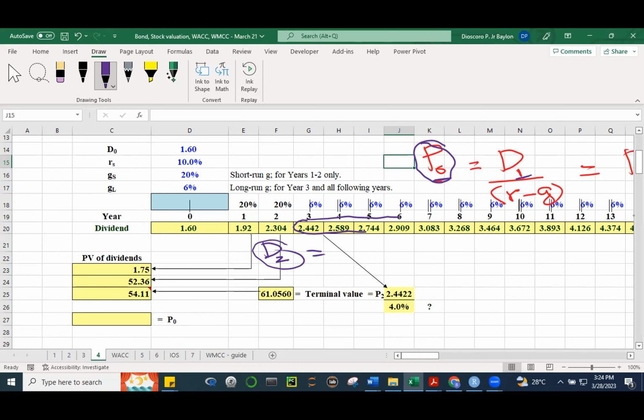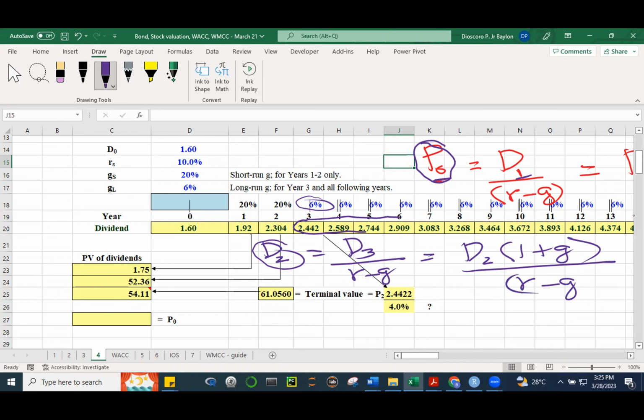That formula is equal to D2 is equal to the dividend at year 3 divided by R minus G, which is equal to the dividend at year 2 times 1 plus G, because D3 is equal to D2 times 1 plus G, the constant growth rate of 6%. And then we divide this by R minus G. So that's the formula. You first take note of where the constant growth rate begins.